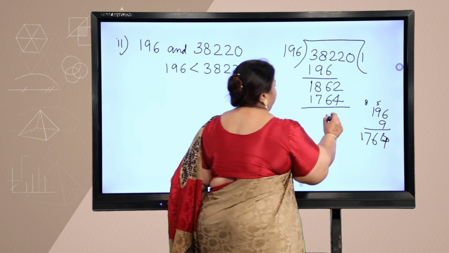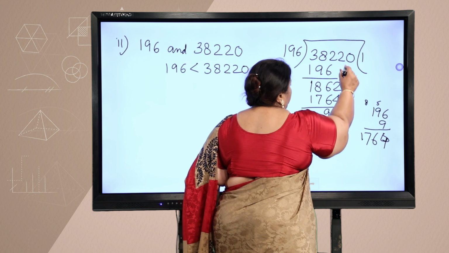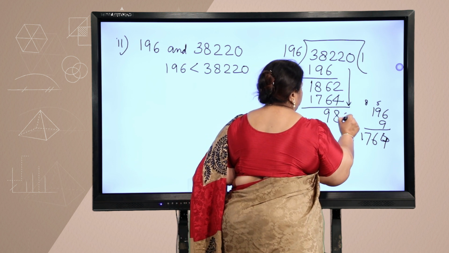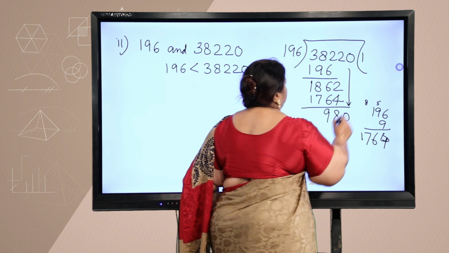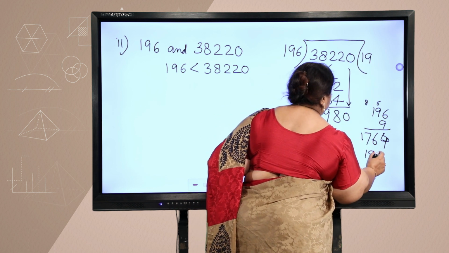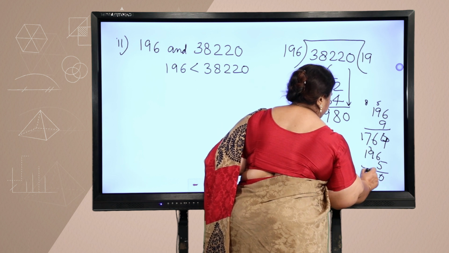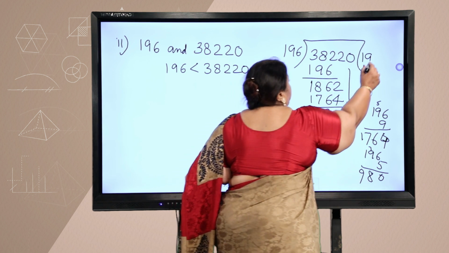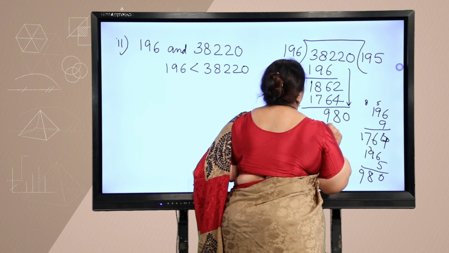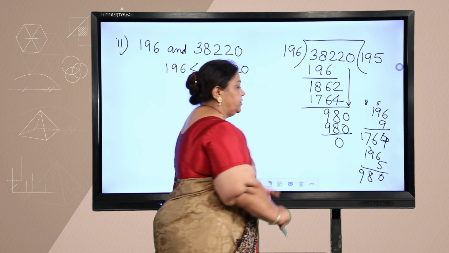If I subtract, I get 8, and here it is 9 and 0 comes here. It is going directly by what is 196 into 5? Yes. We can see here in the first go itself I am getting the remainder as 0.